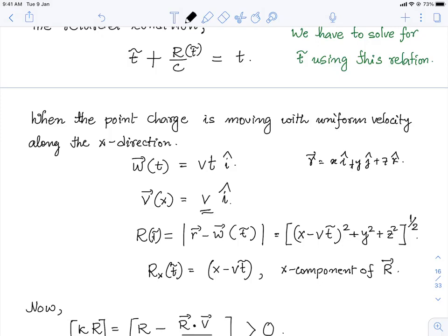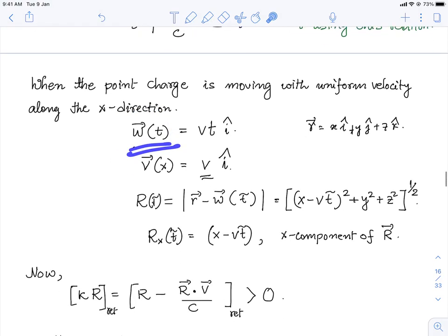Independent of time. And the position vector, therefore, its x coordinate increases with time proportional to v. So it's vt. So the charge is moving along the x direction with constant velocity. This is its trajectory, so this is w of t. And r is defined as r minus w.